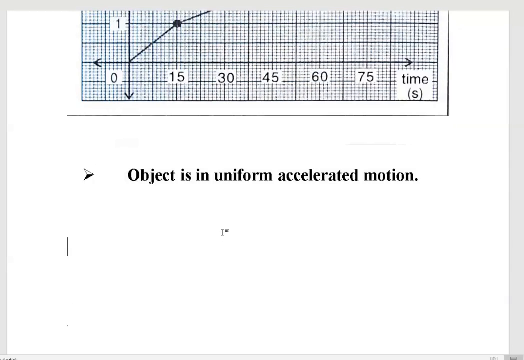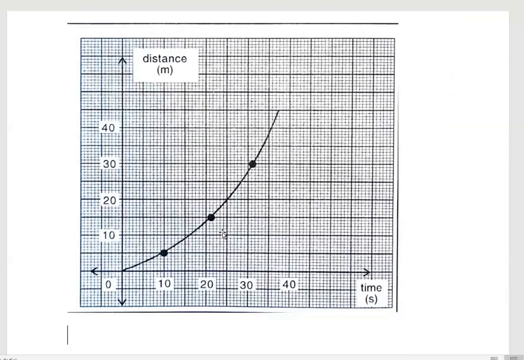Now, what happens when the object is in uniform accelerated motion? What kind of graph do we get? See, here at 10 seconds, the object is at 5 meter.